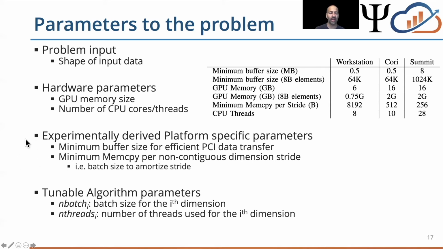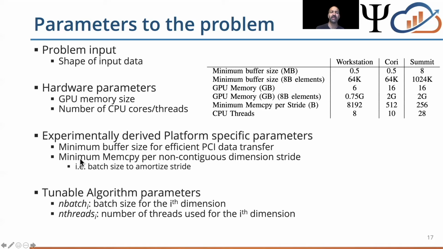Experimentally, we're going to derive two specific patterns that are specific to the platform. One is the minimum buffer size needed to have an efficient PCI transfer. That is, if I transfer 1 byte at a time, that's not going to be efficient. If I transfer a gigabyte at a time, that'll clearly be efficient, but there's some number where if I transfer less, it's going to be less efficient, but if I transfer more, nothing changes.